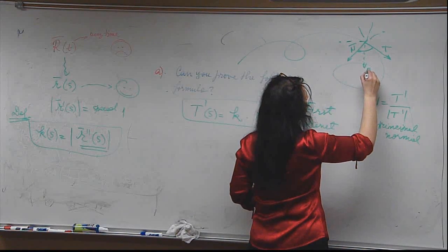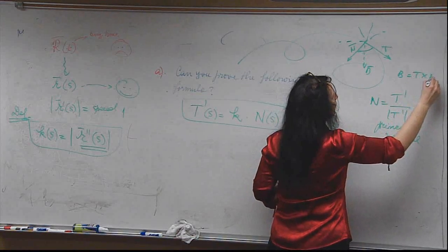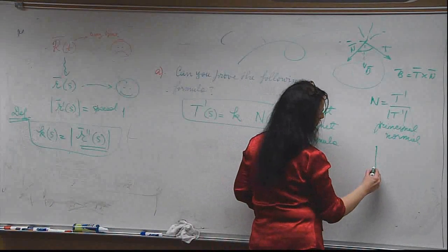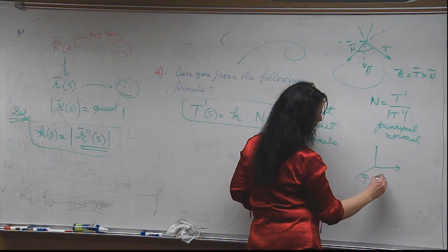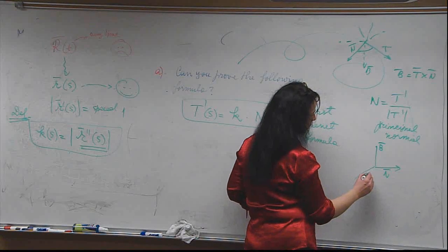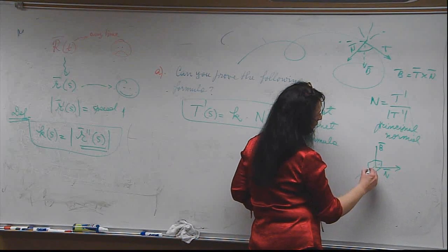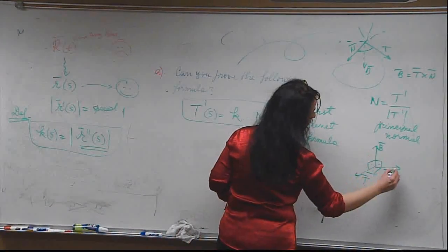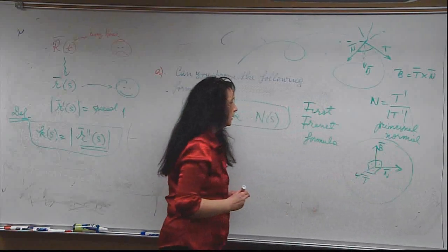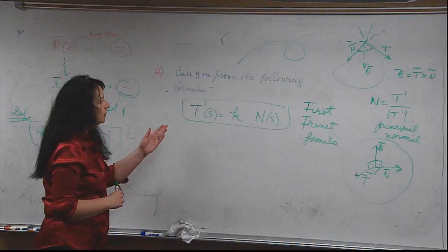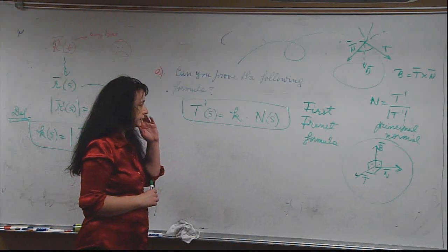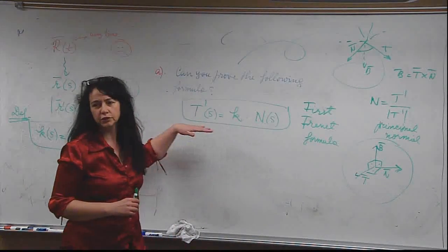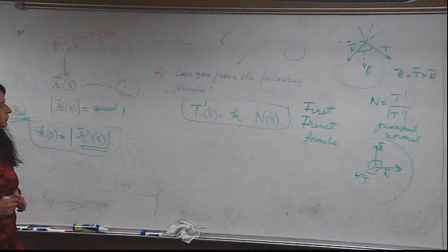Well, yeah, because B is T cross N. So we define the Frenet trihedron T, N and B. What's special, why we call it a frame, is that every pair of vectors is mutually orthogonal, and they are all unit vectors. This is the famous Frenet frame. Now, Mr. Frenet was a smart guy. I don't know whether he was a doctor in mathematics or not. It doesn't matter. He found a bunch of formulas, of which this is the first one, and it's called the first Frenet formula.